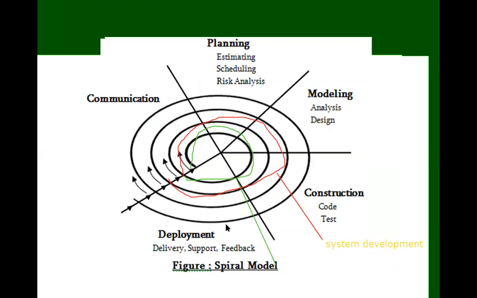So in different phases you have to do different things. First, concept development in the first phase, system development in the second phase, system enhancement in the third phase, and system maintenance in the fourth phase. So this is about the spiral model. Does everybody understand the spiral model?